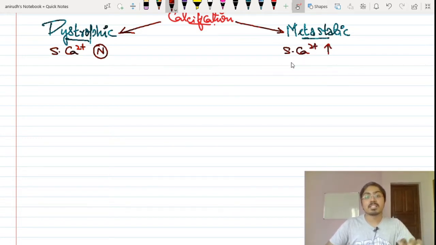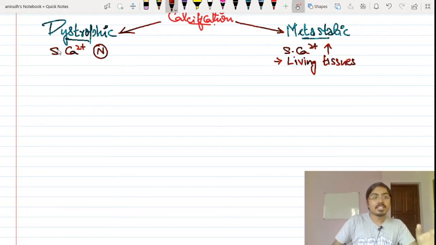Serum calcium is increased, and this increased serum calcium deposits in living tissues. While in dystrophic calcification, the normal serum calcium present inside the blood will deposit in dead tissues.